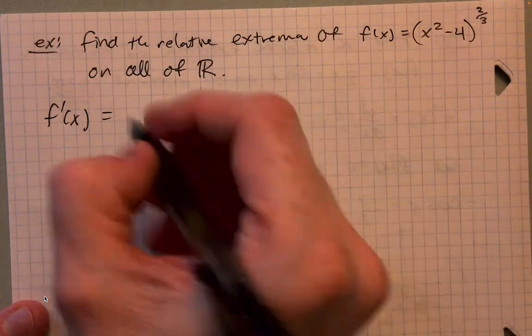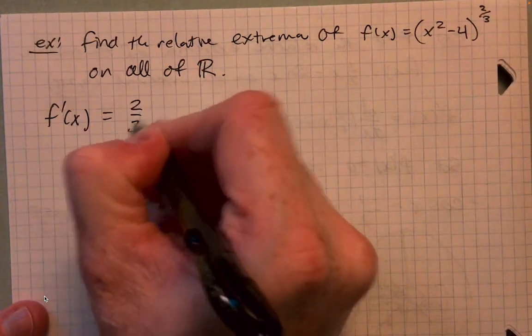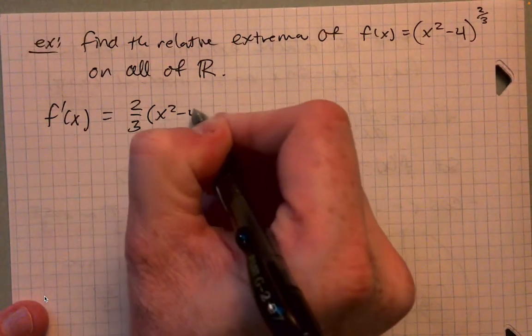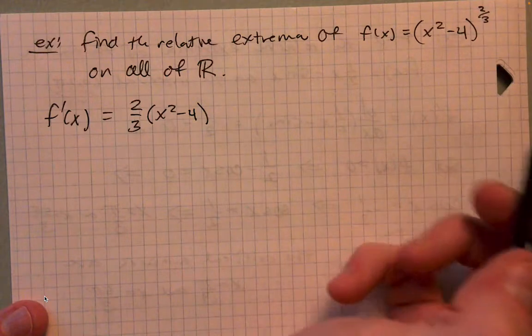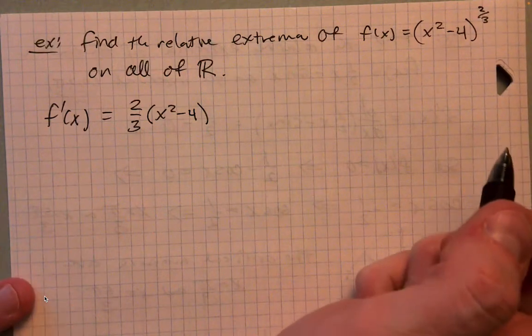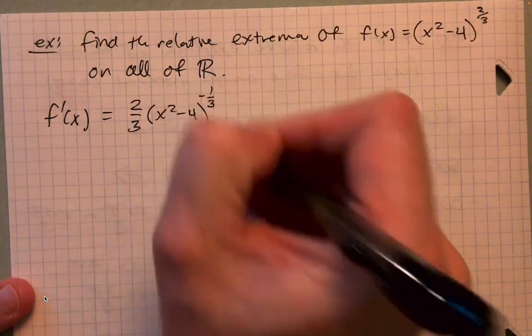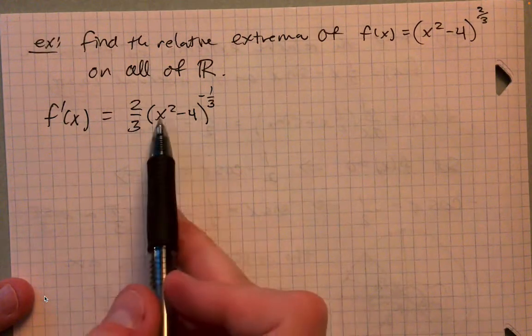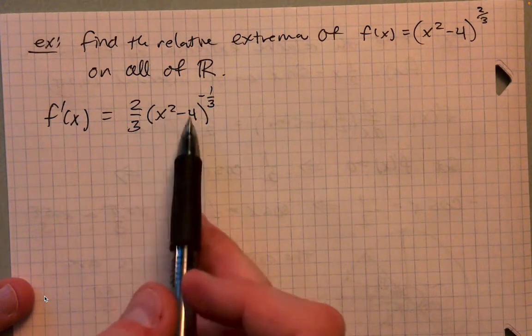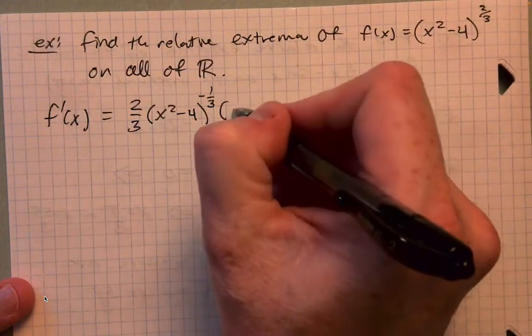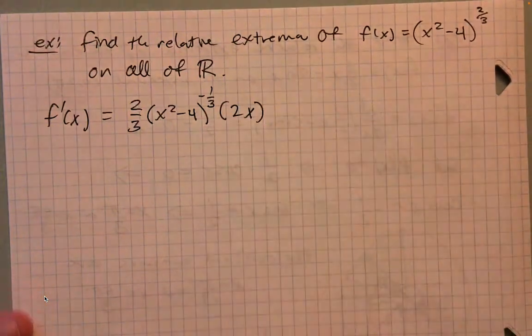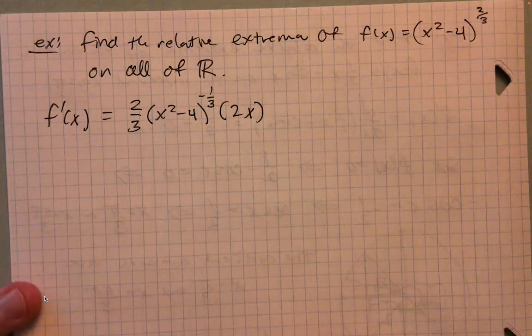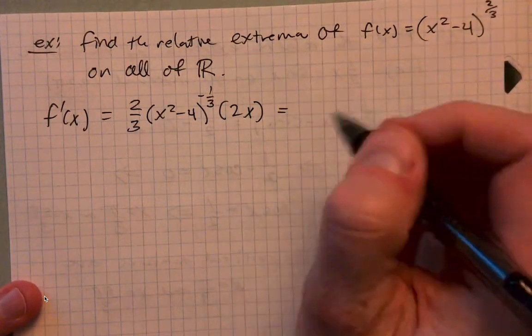We differentiate the outside first, so we get 2/3 times x squared minus 4 to the 2/3 minus 1, which would leave you with a negative 1/3. And then we need to differentiate the inside, so when we differentiate x squared minus 4, we get 2x.